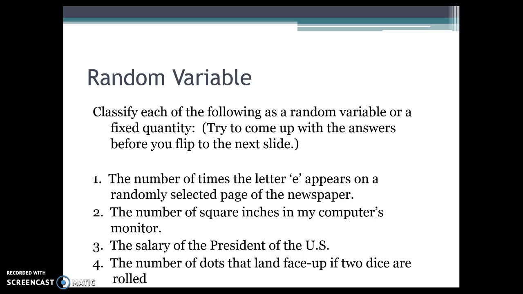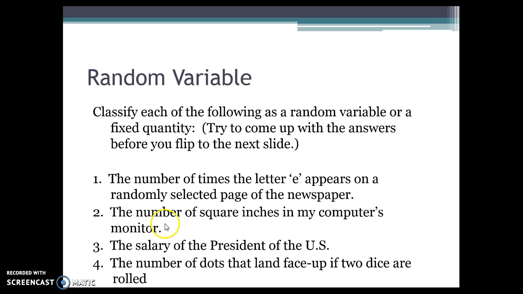All right, so let's go over the answers then. On the first one, the number of times the letter E appears on a randomly selected page of the newspaper is going to be a random variable. That's because if you pick a different page of the newspaper, you're going to get a different value, a different number of E's.